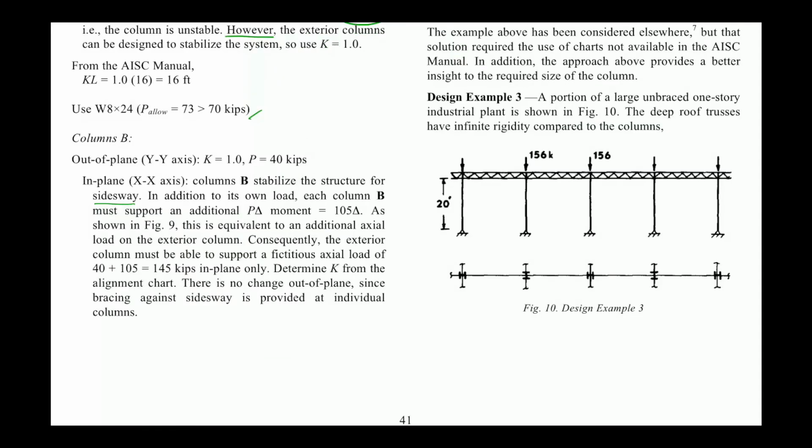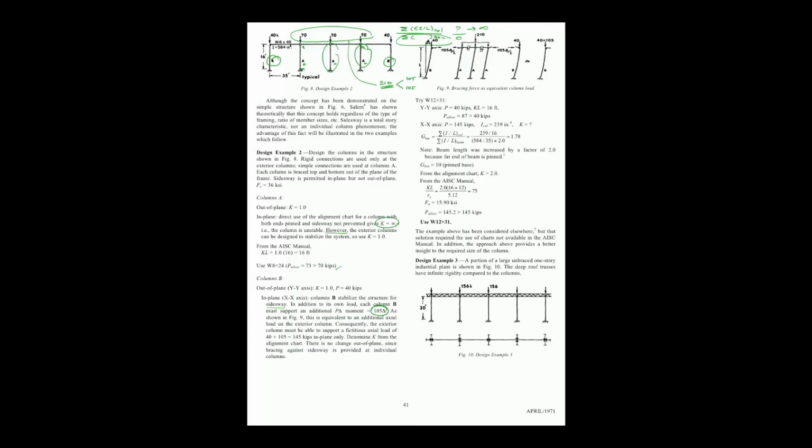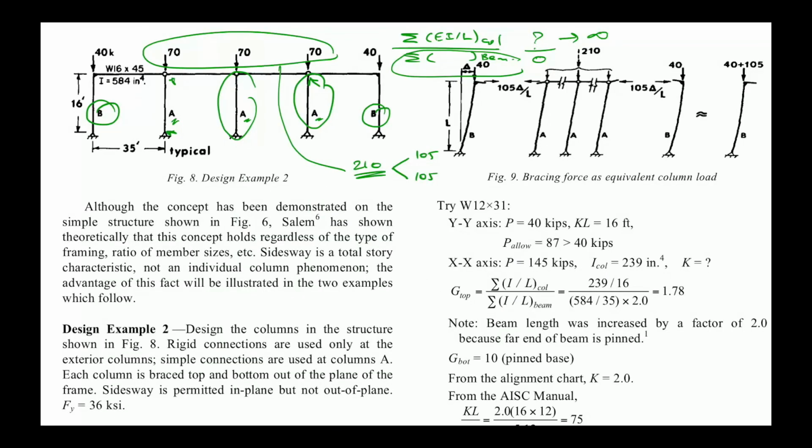This is why you have 105 times delta. As shown in figure 9, this is equivalent to an additional axial load on the exterior column. So basically what is going to happen is that you have 40 plus 105. This is equivalent to this case.